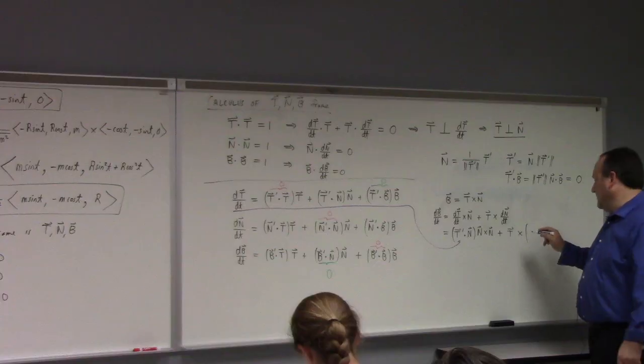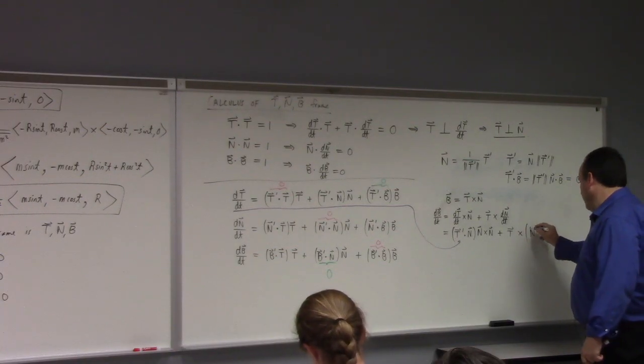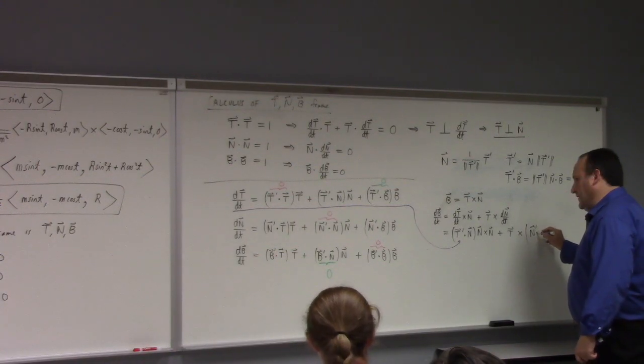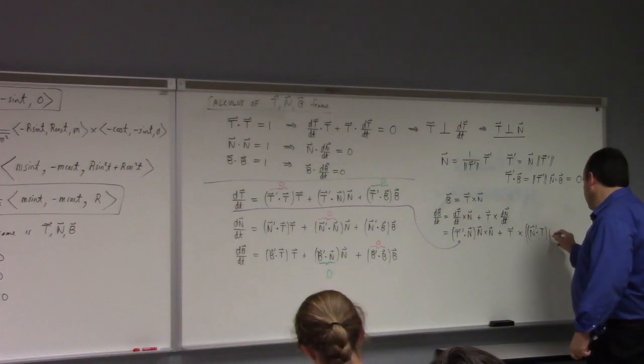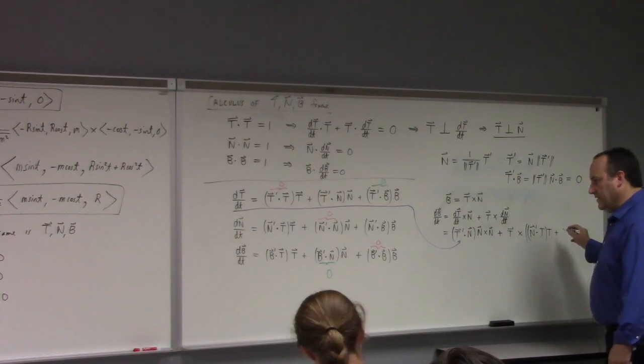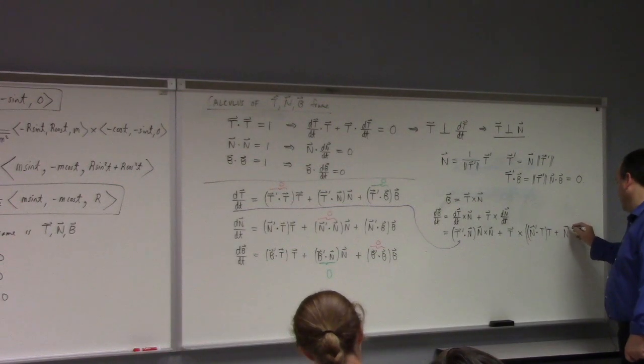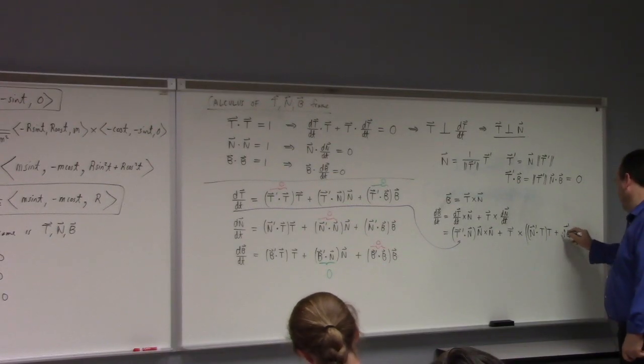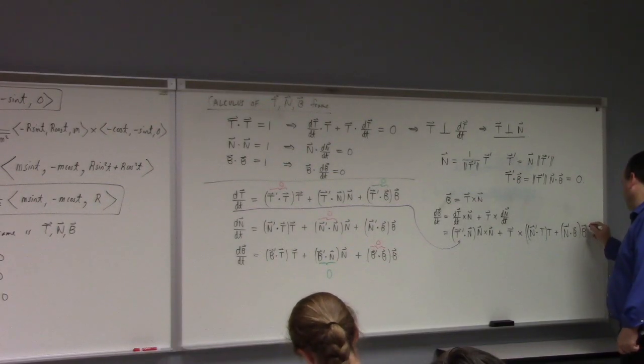What's dn dt? Well, dn dt has two pieces in principle, right? It's got n prime dot t times t plus n prime dot b times b.